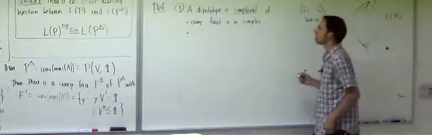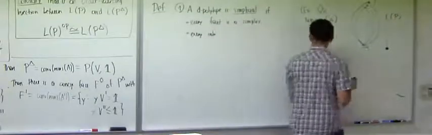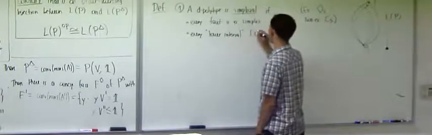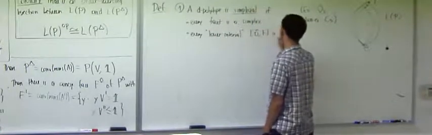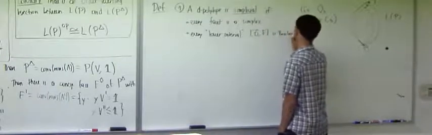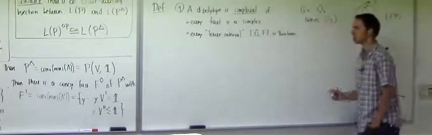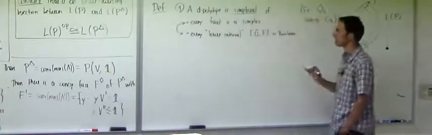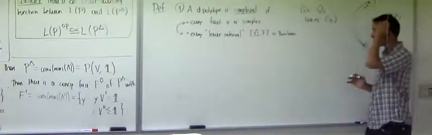So another way of saying this is that every lower interval from 0 to anything is Boolean. So these are equivalent conditions. So that's how we define a simplicial polytope.